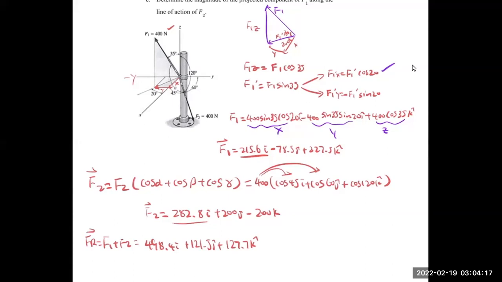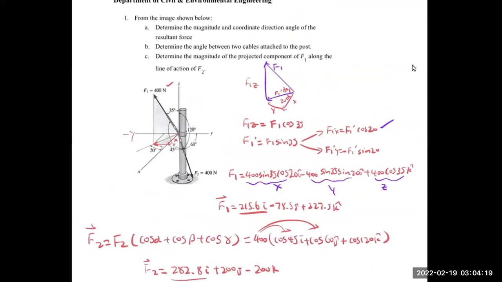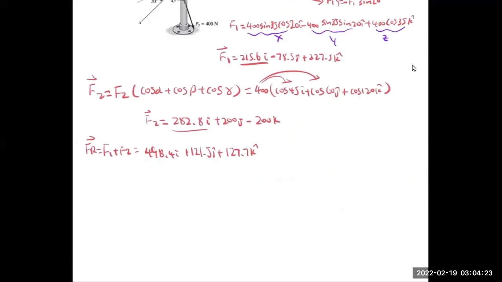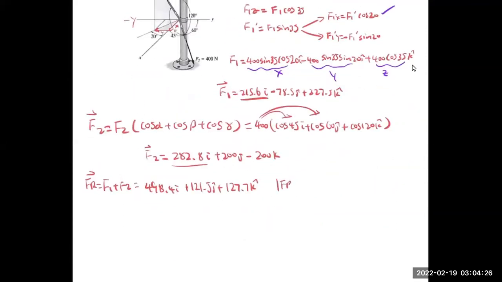The problem is asking us to find the magnitude of FR, so we square the components, sum them, and take the square root. That gives 528.65. So I answered the first part of part A.